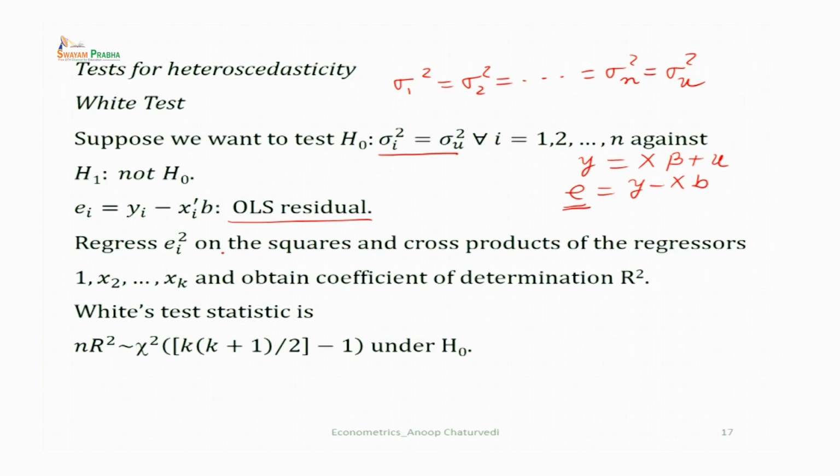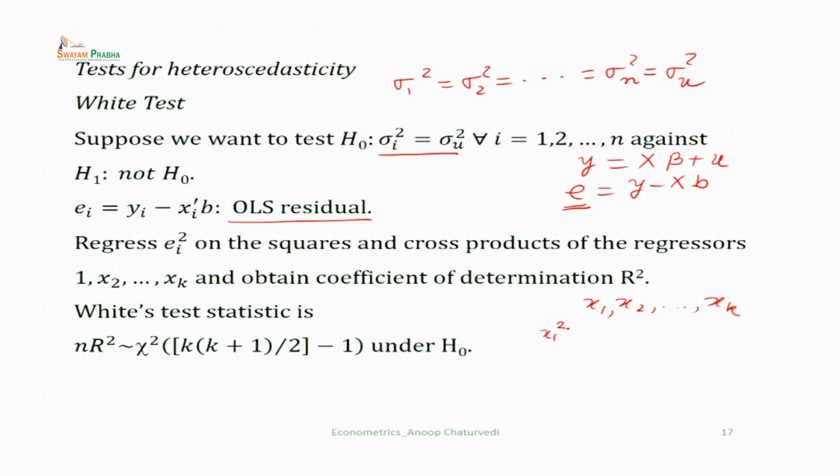Then we regress e i square on the squares and cross products of the regressors 1, x 2, and so on up to x k. So, we denote this 1 corresponding to the intercept term by x 1. So, we have the regressors x1, x2, so on xk.